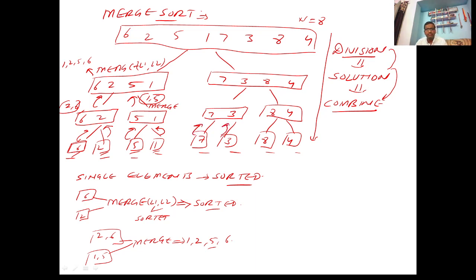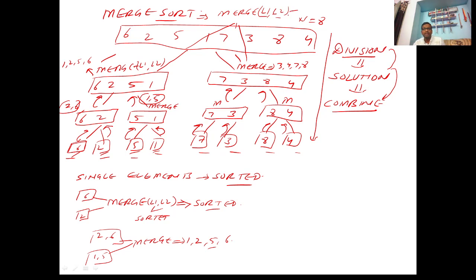In the same way, the right leg will also proceed and do the same functioning. It will be returned, and merge will be called here and merge will be called here. Then the sorted list will be returned here, and again merge will be called here, and merge is going to return 3, 4, 7 and 8. Both these lists will be returned to the root, and here merge will be called again with L1 and L2, and we know that L1 and L2 both are sorted.